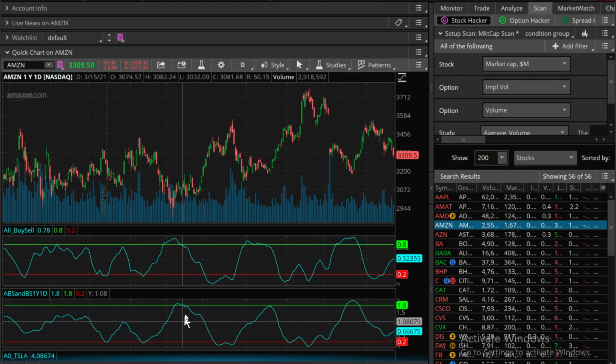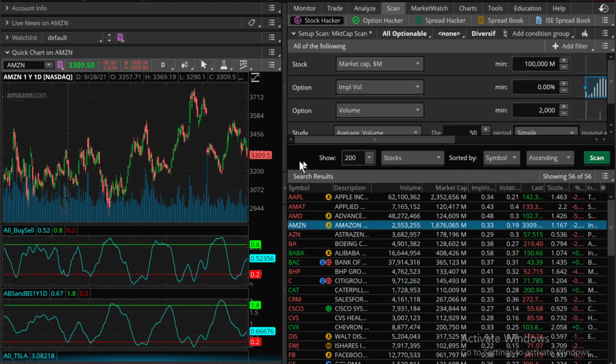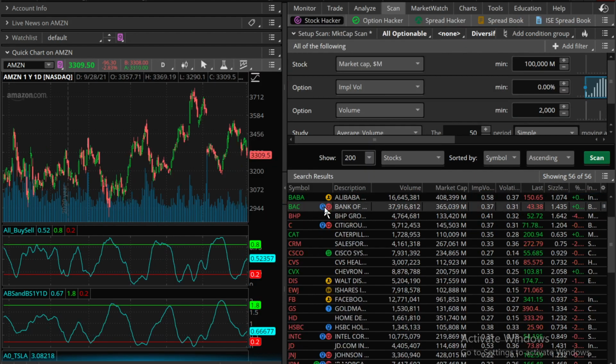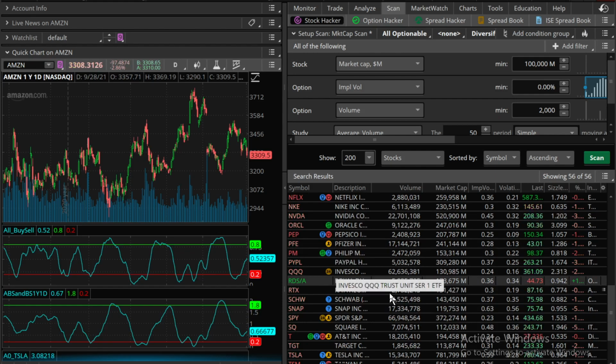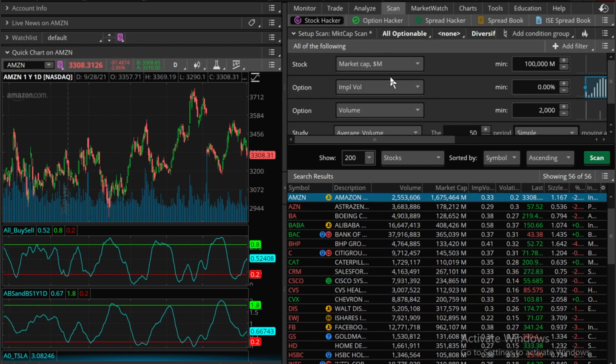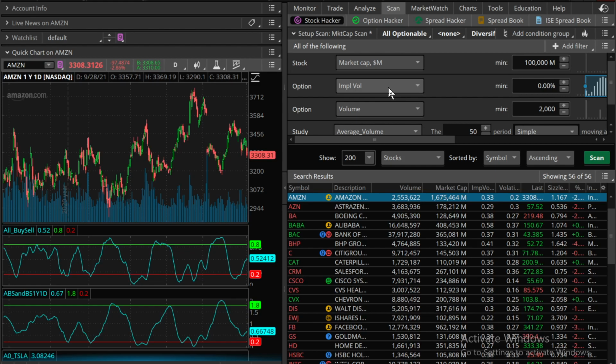Now, because this didn't work well with all stocks, here's the screener I use to weed out some of the better stocks out there, based on market cap and implied volatility, just to make sure that it's an option.